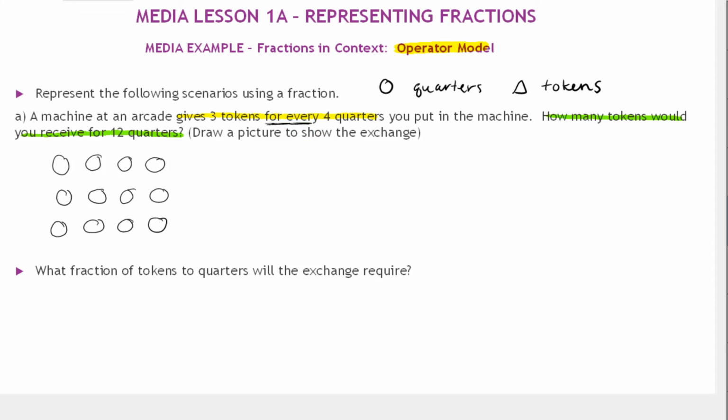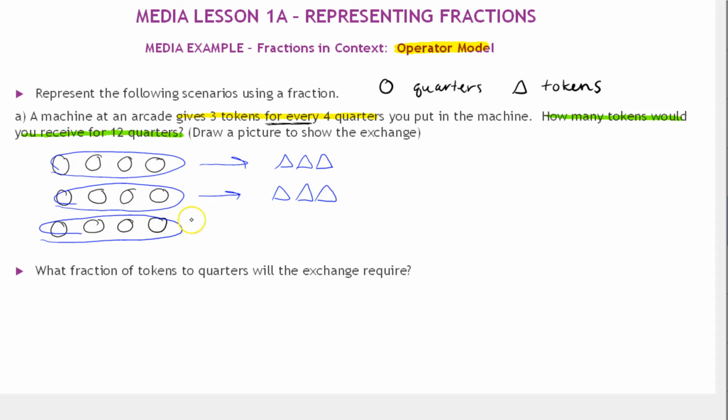So you may say, I will put in these 4 quarters, and the machine will give me 3 tokens. Then you could put in your next 4 quarters. You'll receive 3 more tokens. And your last group of 4 quarters will give you 3 more tokens.